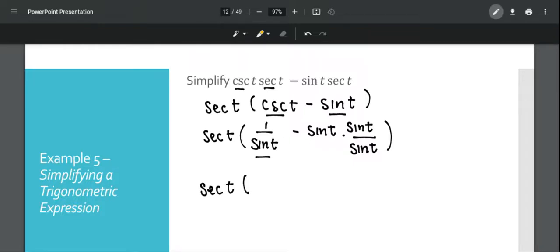So we have the secant of t times, if we were to combine this into a single fraction, our numerator is 1 minus sine times sine, which is 1 minus sine squared over sine.